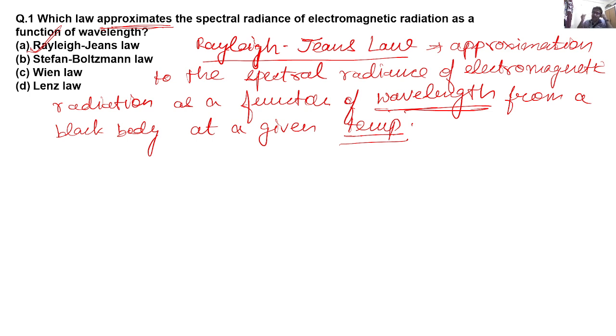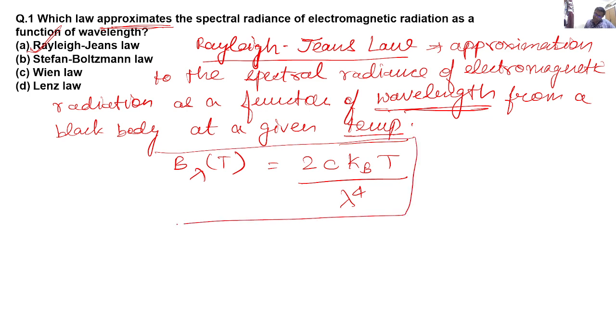Okay, so the Rayleigh-Jeans law has to do with the wavelength and the temperature, and the expression calculates the radiance as a function of temperature, that is B lambda T, which is equal to 2 c kB T by lambda power 4. So it is basically inversely proportional to the fourth power of the wavelength. And c is the speed of light, you know it very well.